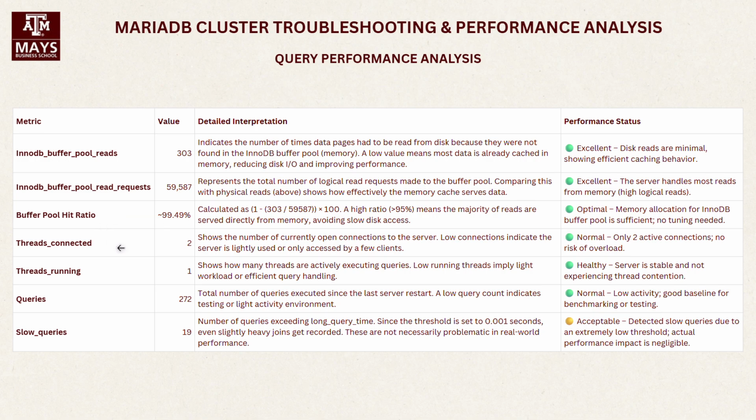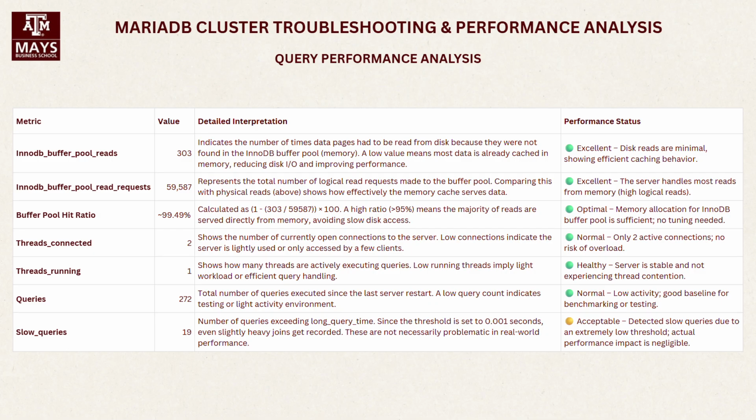Then we have some other values like threads connected, threads running, buffer pool hit ratio, then queries and slow queries. Queries are the total number of queries executed since our last server start. 272 is basically a low count for a database.